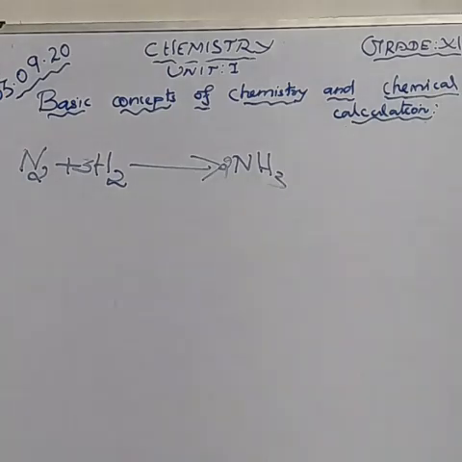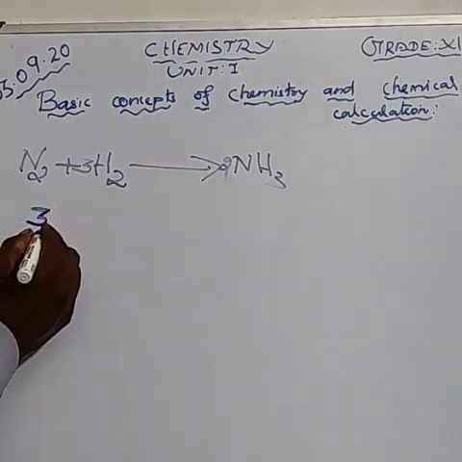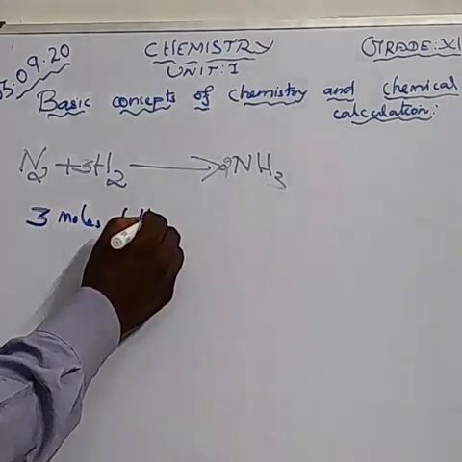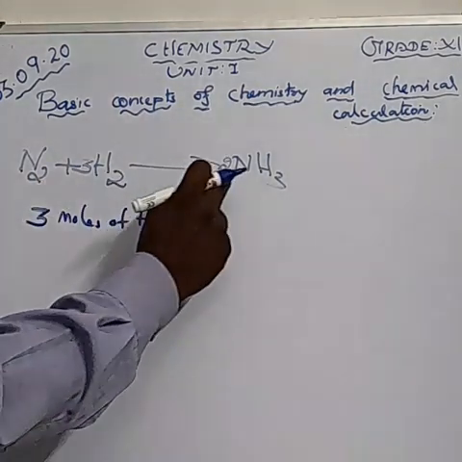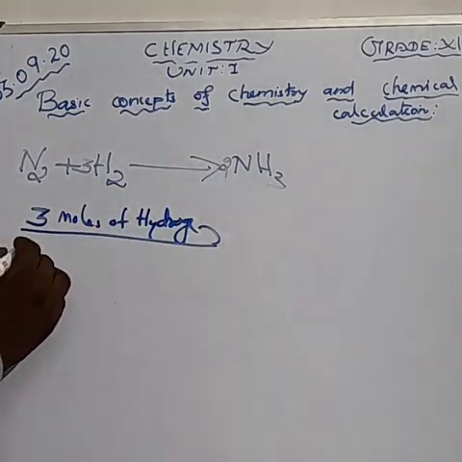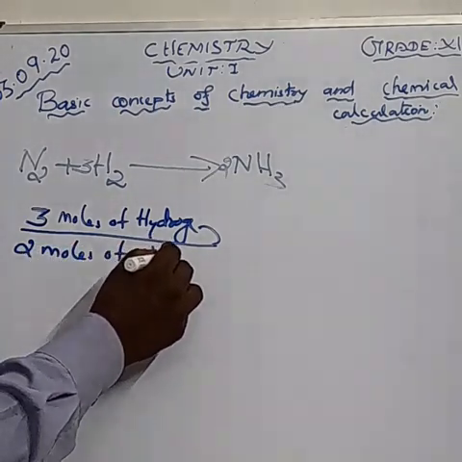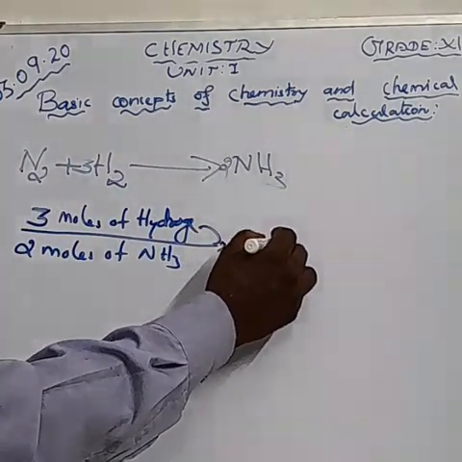So to produce 10 moles of ammonia, how can you write the formula? That is 3 moles of hydrogen divided by 2 moles of ammonia, multiplied by 10 moles of ammonia.